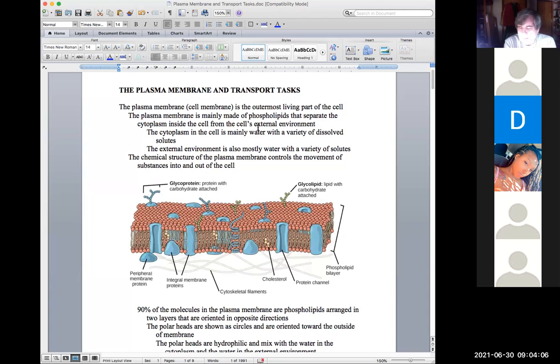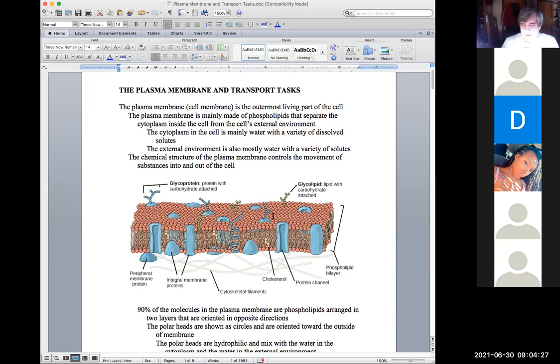So the chemistry of the plasma membrane has a lot to do with how things get either into the cell or out of the cell, depending on where they're going. So we want to look first at the chemistry of the plasma membrane, and then we'll look at the different ways that things can get into and out of cells.